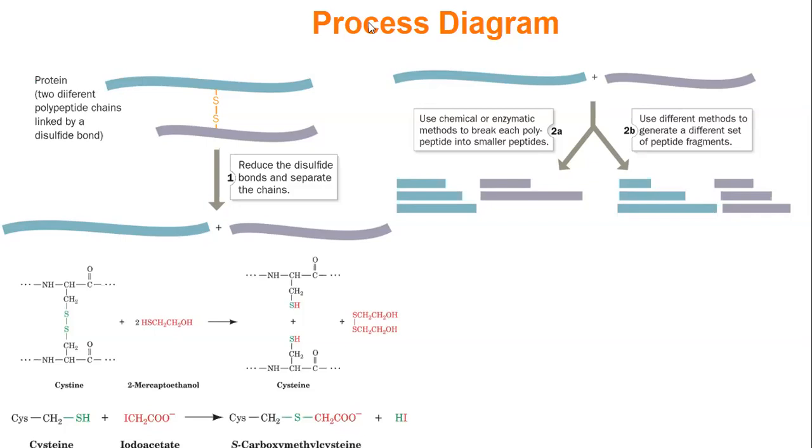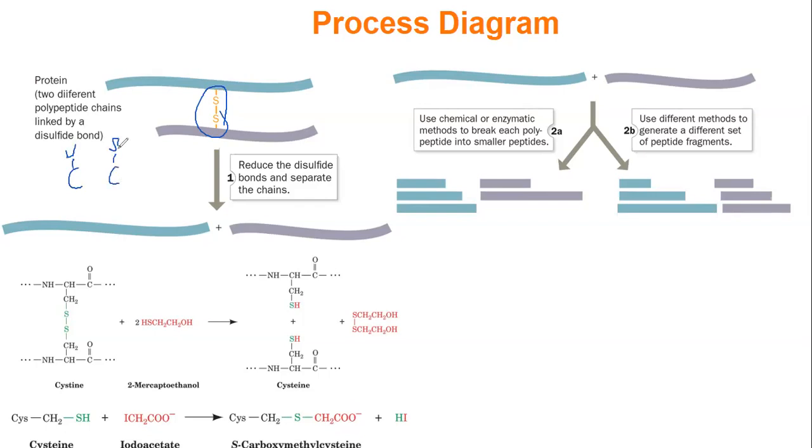First, peptides can be connected by disulfide bonds. And which amino acid makes our disulfide bonds again? Which is the only amino acid out of the 20 we learned that is capable of making a disulfide bond? Cys. So glycine, right? Glycine has a hydrogen.